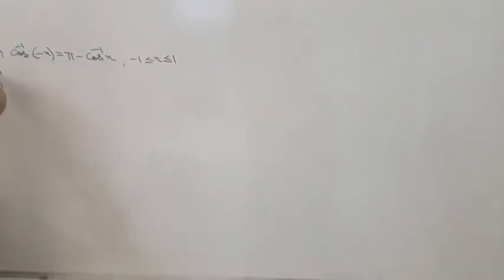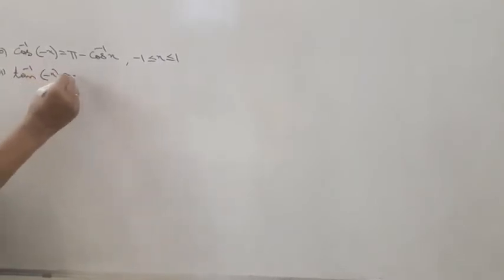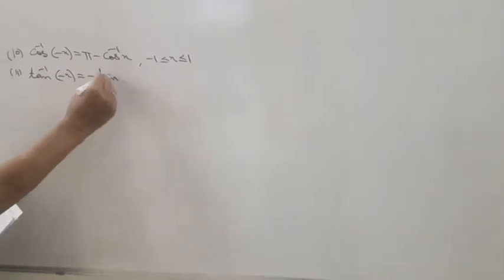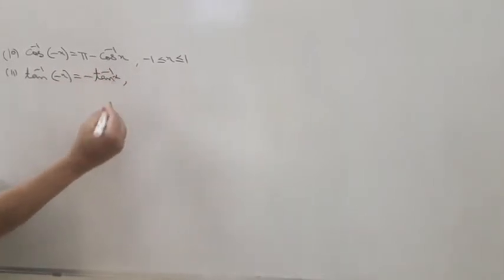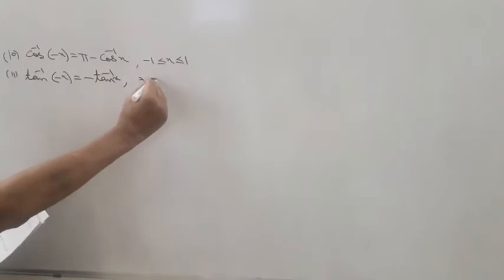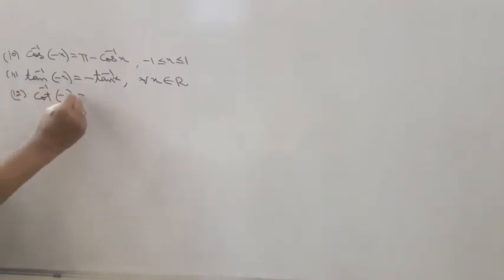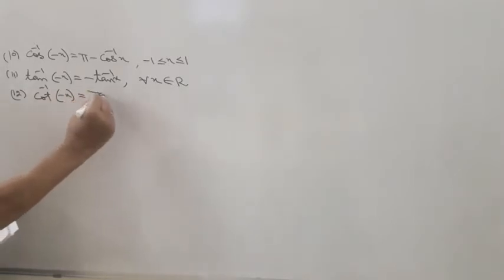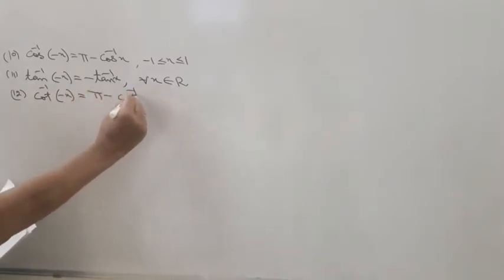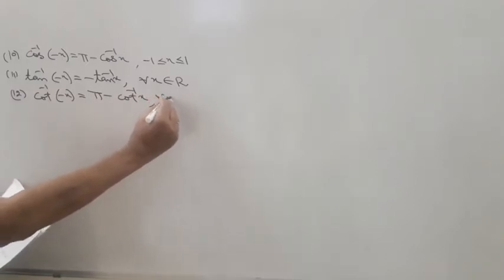Then the 11th property is tan inverse of minus x is equal to minus tan inverse of x, for every x belonging to R. Then you have in the same way cot inverse of minus x is pi minus cot inverse of x for every x belonging to R.